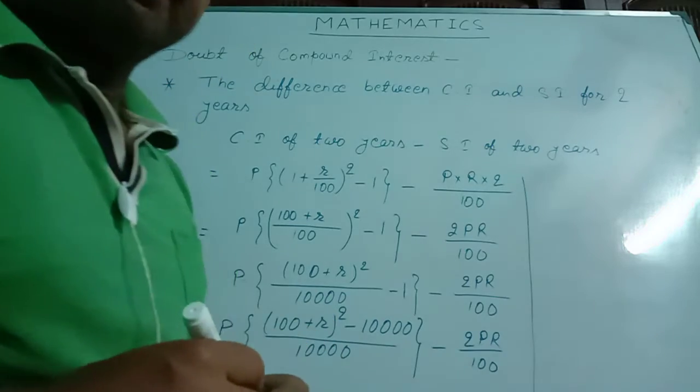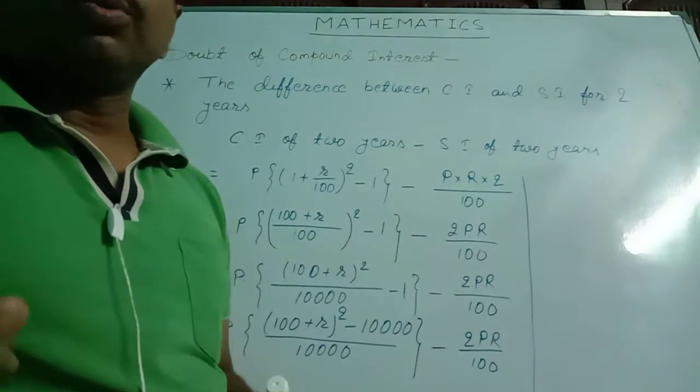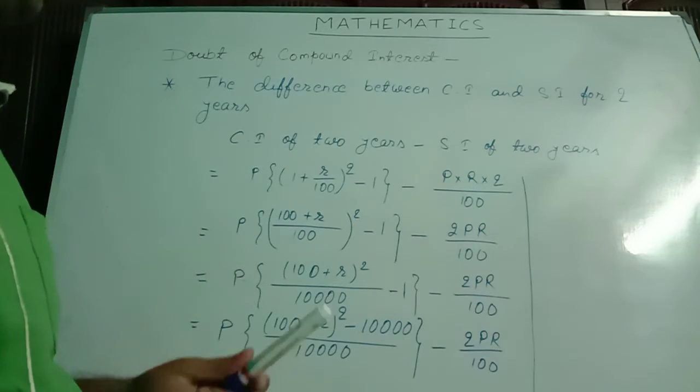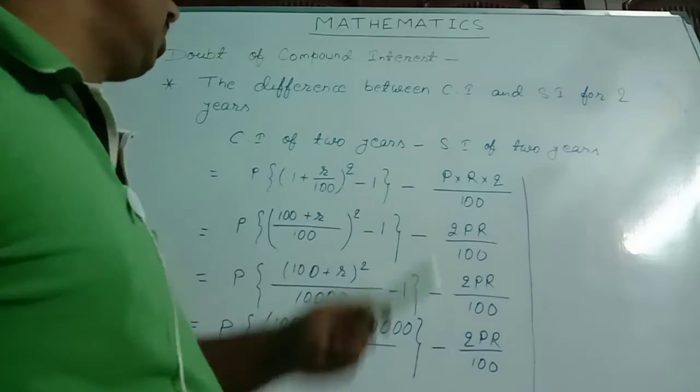What is our aim? Our aim is to derive one shortcut formula through which we can solve the question related to the difference between CI and SI for 2 years.